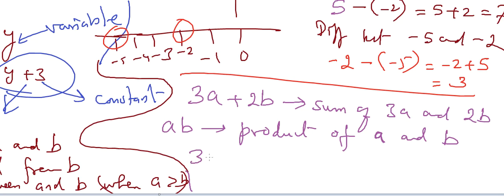So what is the meaning of 3ab? This is 3 times the product of a and b.